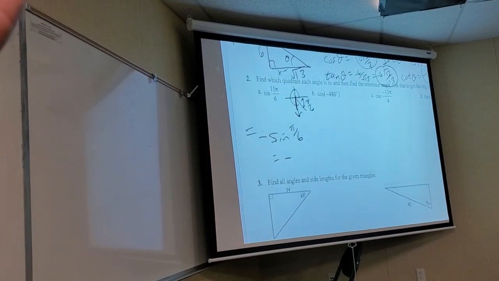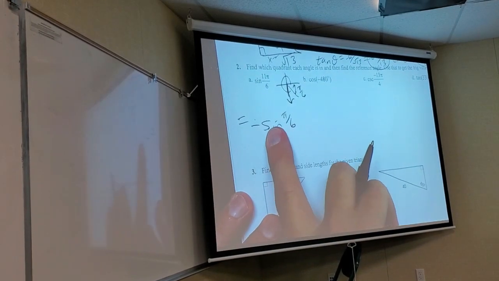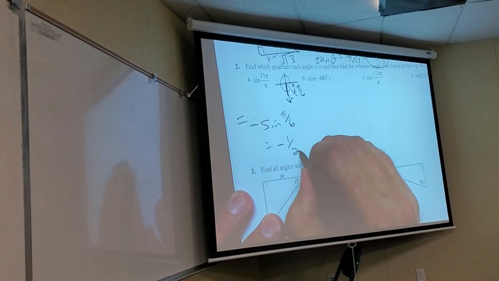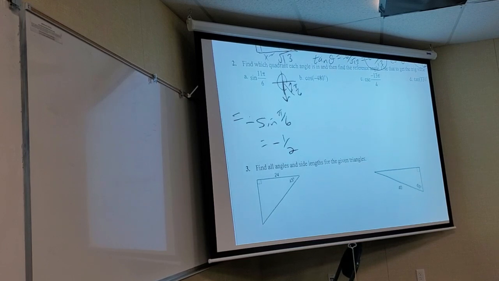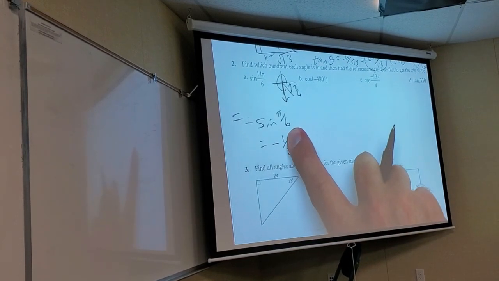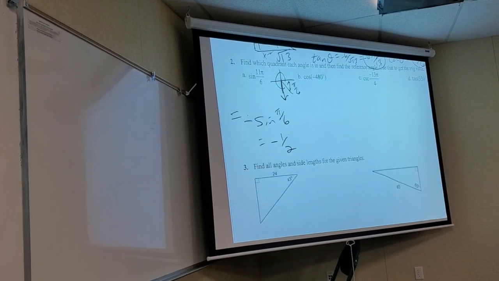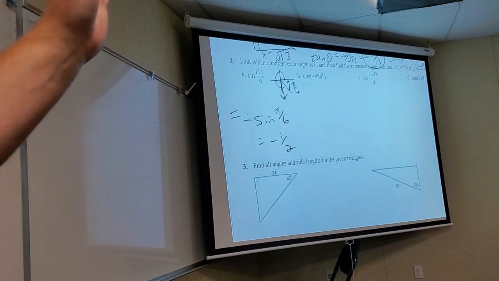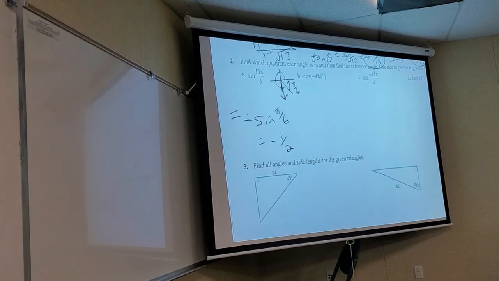Or here's what I'm thinking right now: sine likes y, pi over 6 is close to the x-axis, so sine's going to be small, 1/2. Sine doesn't like it there, it's going to be tiny, 1/2. And again, if you don't like that way of looking at it, you can memorize it a different way. It's just the way I like. You don't have to do it that way, right?